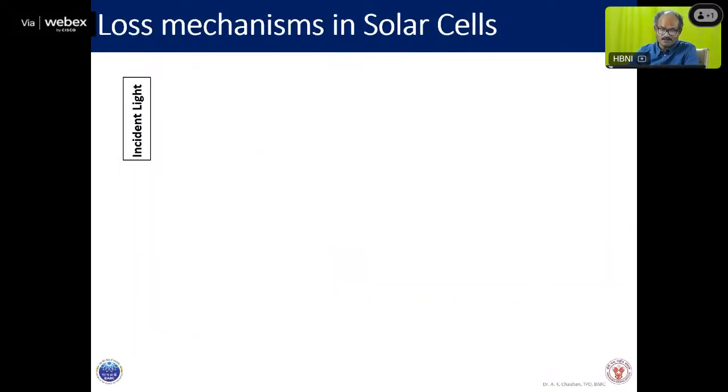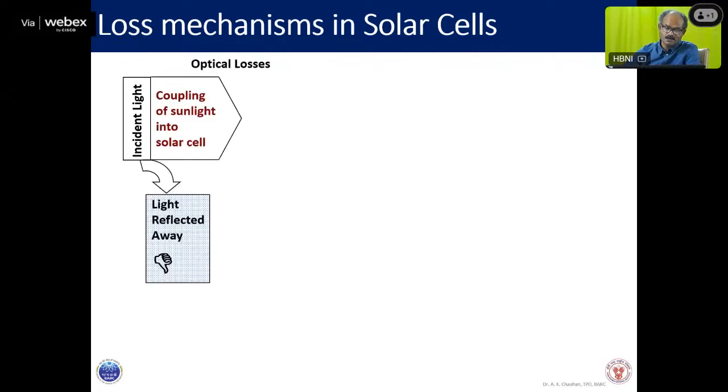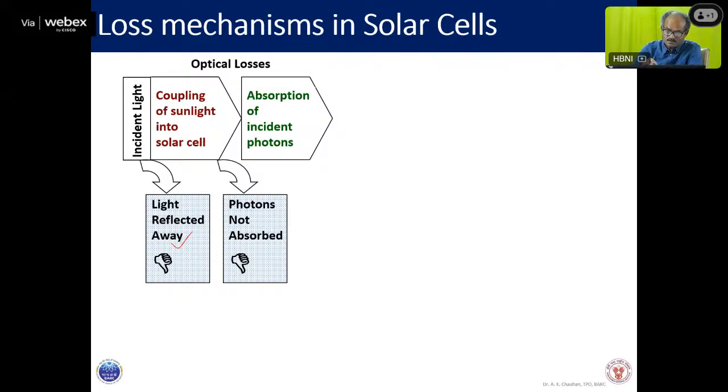So if I summarize the loss mechanisms in solar cells: the incident light, if it is reflected straight away, then there is a loss. But if light is coupled into the solar cell, there is still a possibility that it is not absorbed by the solar cell, so there is a possibility of loss.